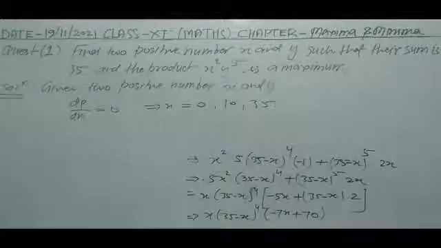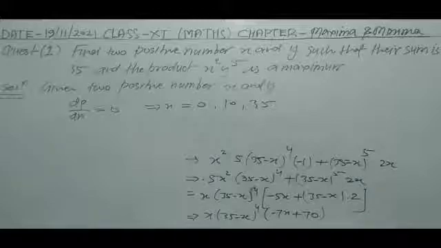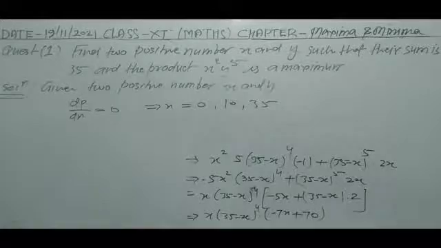Now the function will be maximum or minimum. Again we are going to check the maximum or minimum points. You have the points 0, 10 and 35.